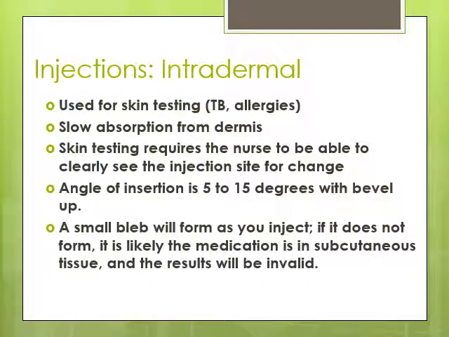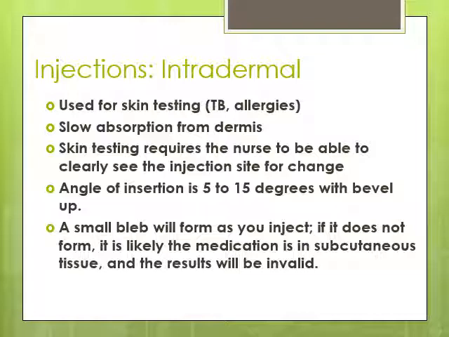Intradermal injections are used for skin testing, like for tuberculosis and allergies. It has slow absorption from the dermis. Skin testing requires the nurse to be able to clearly see the injection site for change. Angle of insertion is 5 to 15 degrees with bevel up.